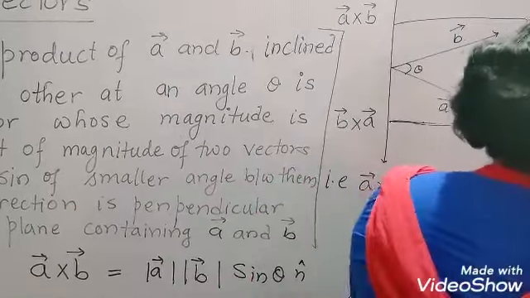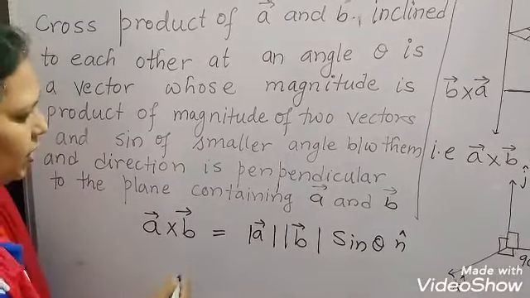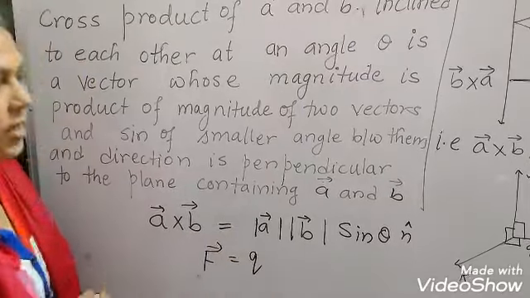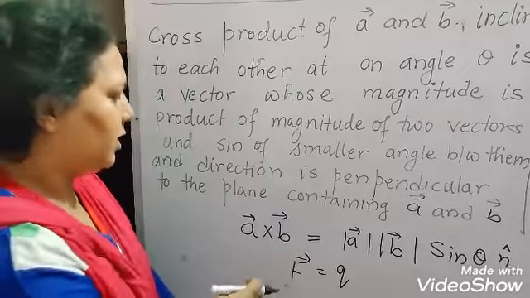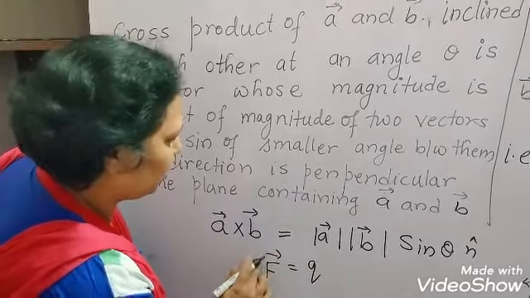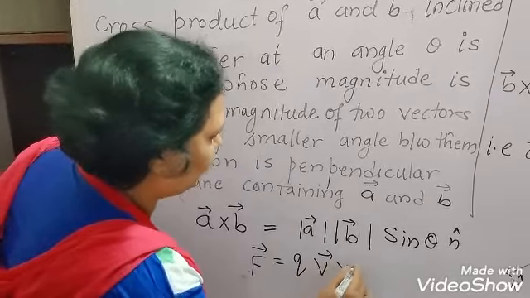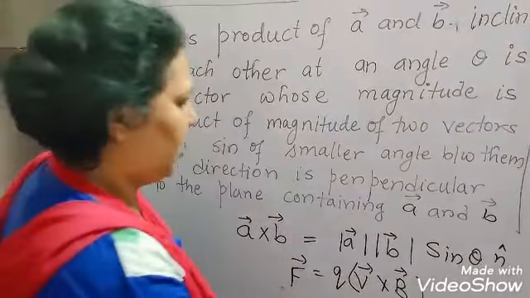We can give the example of the Lorentz force here. F is equal to the Lorentz magnetic force. I was writing Lorentz electric force, but this is the Lorentz magnetic force. So F is equal to QV cross B. What is V here?